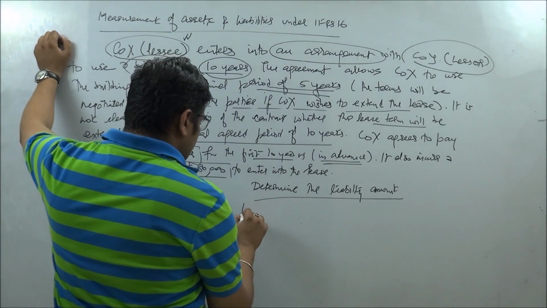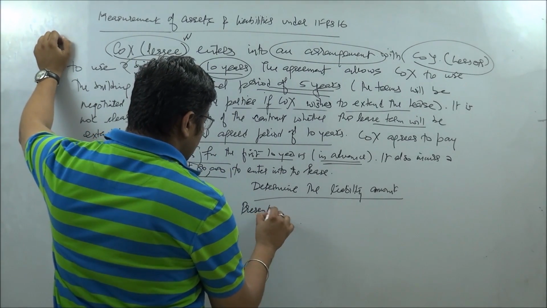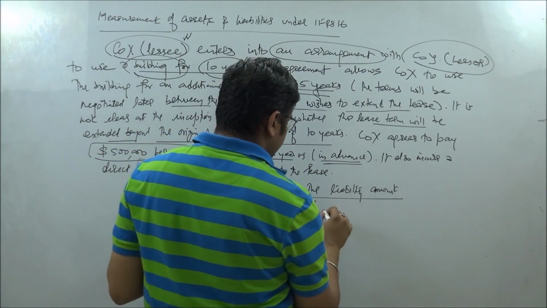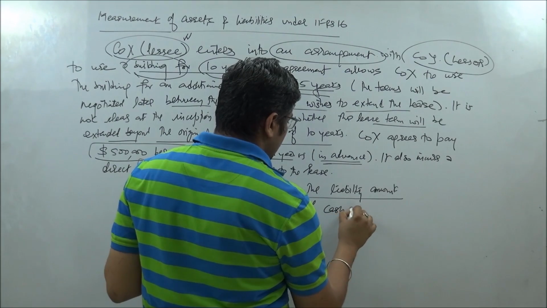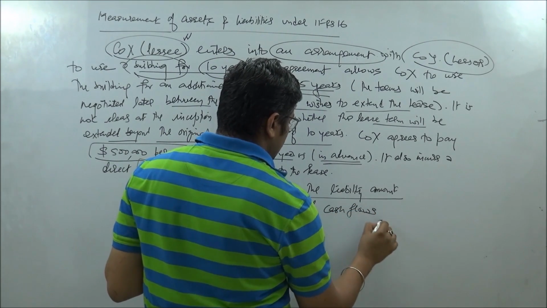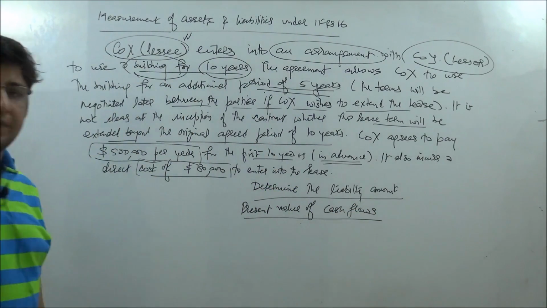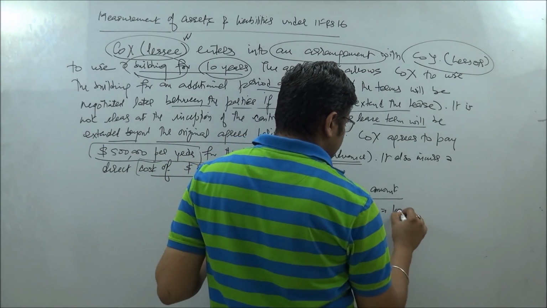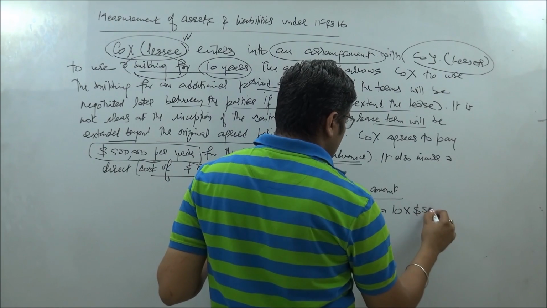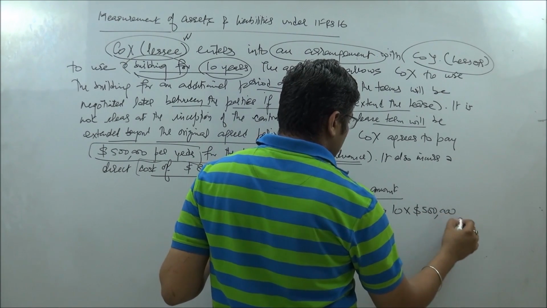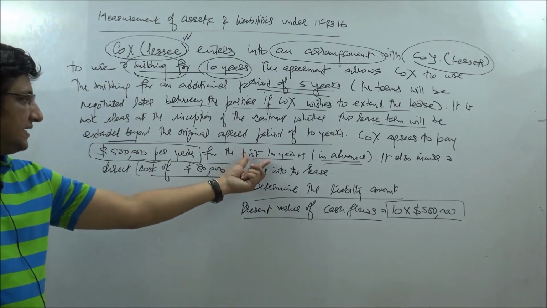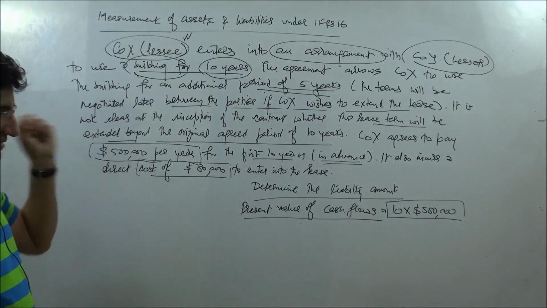We simply say, look at the present value of cash flows, right? So we know that there are 10 payments of $500,000 over 10 years time, and you are making a payment in advance.